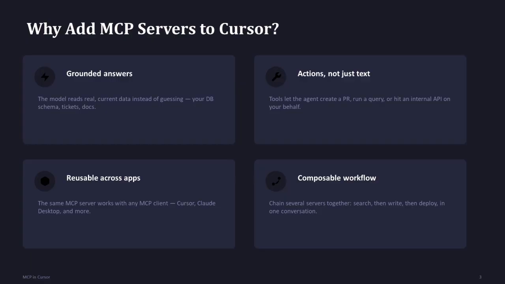Here I have mentioned some advantages, such as grounded answers, and action, not just text, like letting the agent create a PR, run a query or hit an internal API on your behalf. Then reusable across projects, you can reuse the code, you don't need to write it multiple times or do the task multiple times. So the concept of reusable is very good.